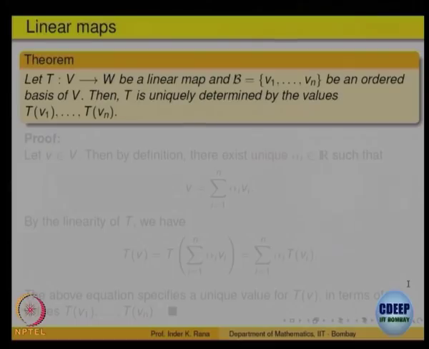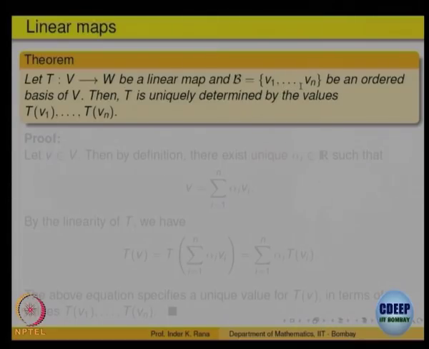Now, here is an important theorem which says: if T is a linear transformation from V to W, let us fix a basis of the domain, that is V. So, V1, V2, ..., Vn is a basis, and not only is it a basis, we have fixed the order of the vectors.